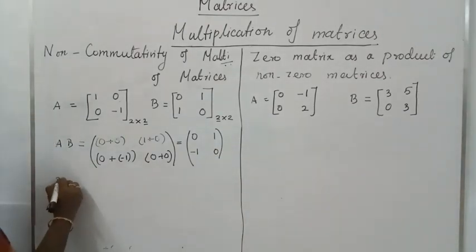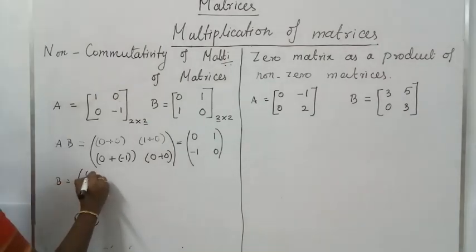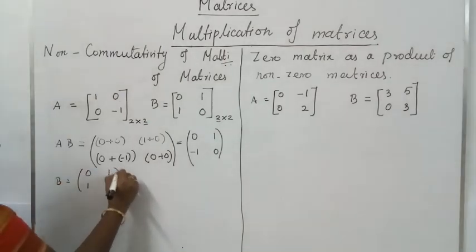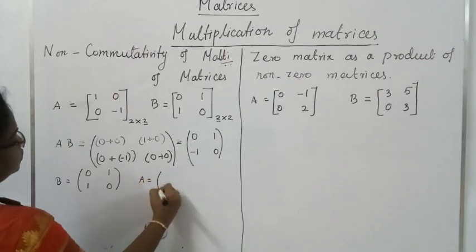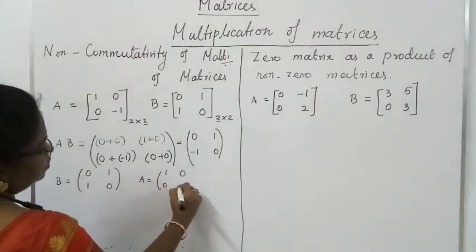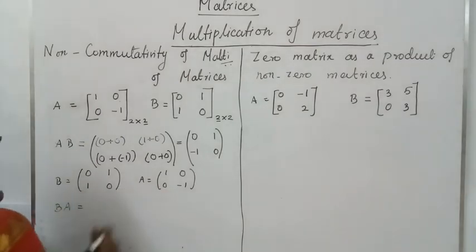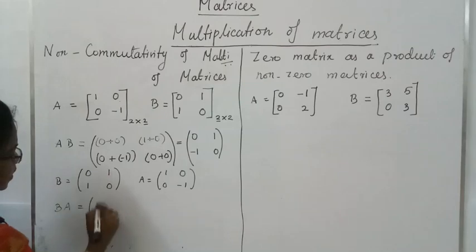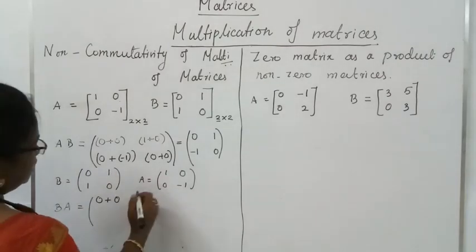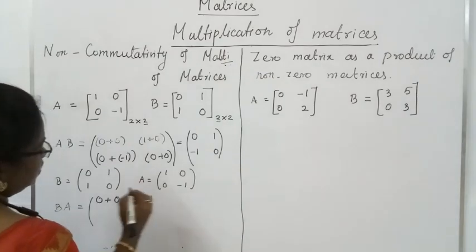Let me find out B into A. B is equal to 0, 1, 1, 0 and A is equal to 1, 0, 0, minus 1. B into A is equal to, multiply these two. First row with first column, 0 plus 0. First row with second column, 0 minus 1.